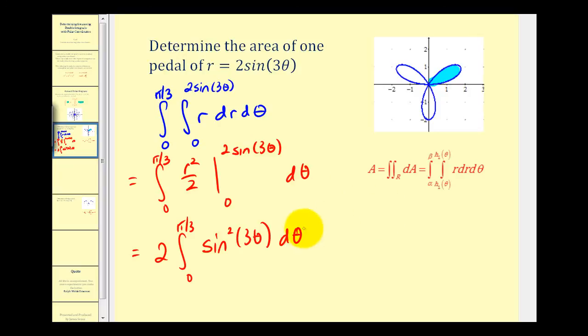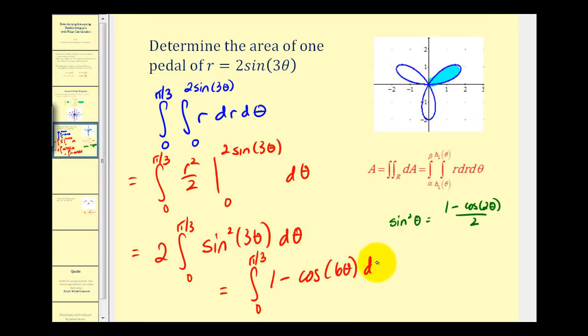So now we need to use the power reducing formula for sine squared theta. So this 2 would simplify with this 2 here. We'll be left with 1 minus cosine double the angle, or 6 theta. Let's go ahead and finish this on the next slide.